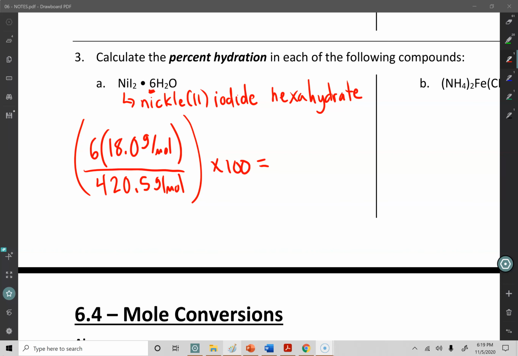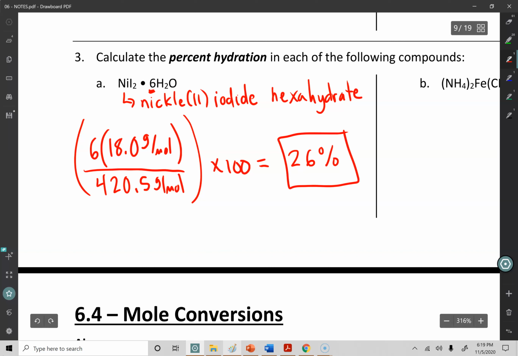So make sure you're entering things into your calculator carefully, and when you go through the calculation to the nearest whole number, I get about 26% water by mass. So if I was able to take a sample of that compound and heat it up, I could decrease the mass by roughly 26% as I drive off those water molecules.